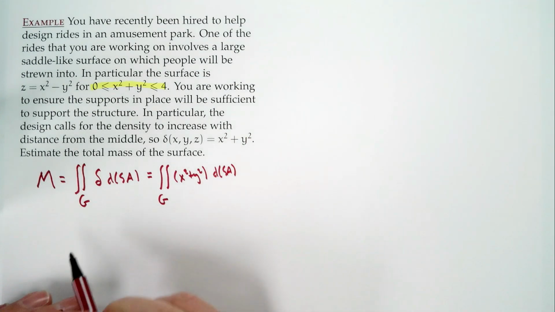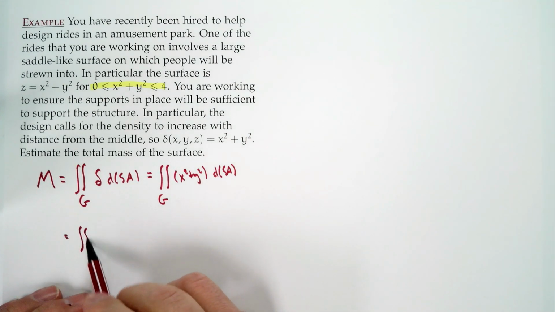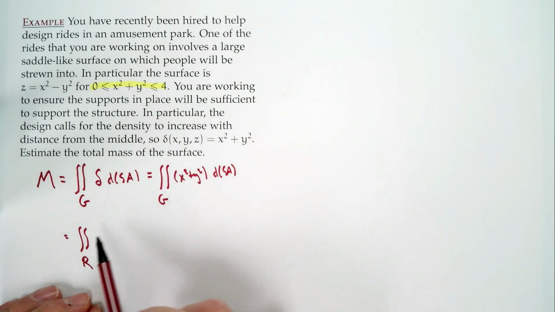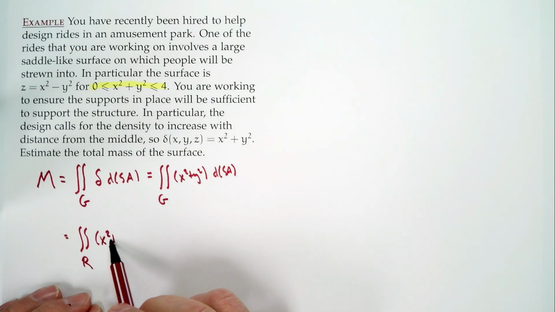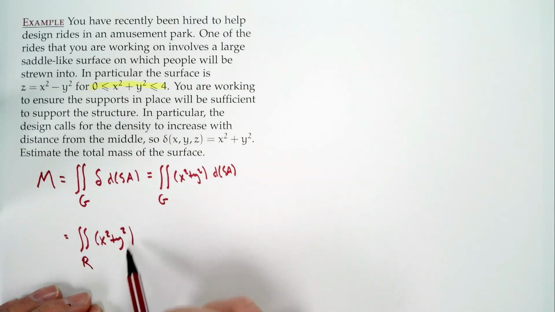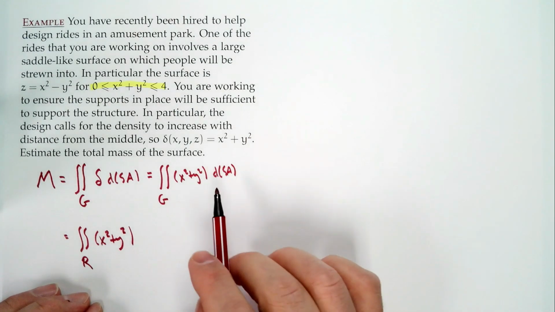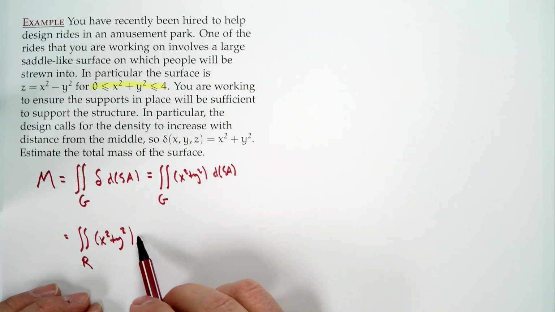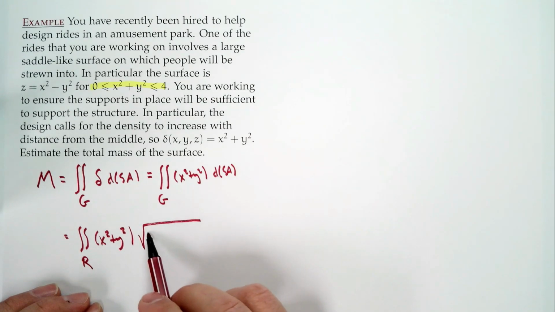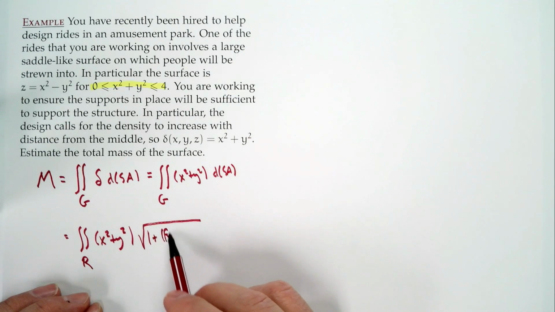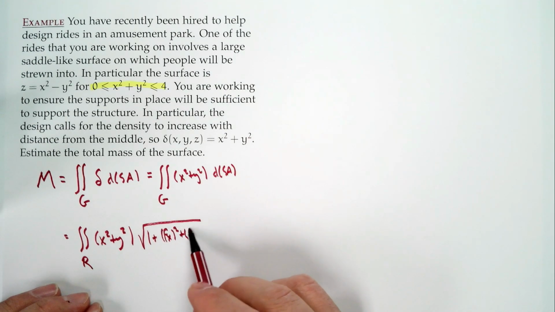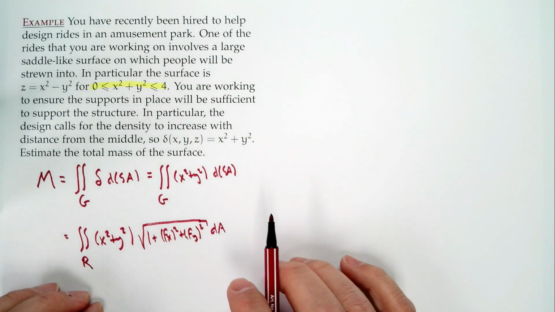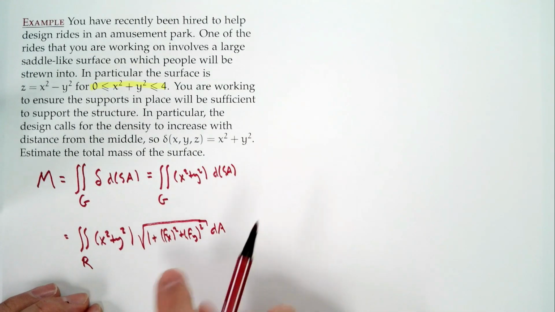So what we need to do is say, okay, this is equal to the integral over our region of, write everything in terms of x and y. The good news is x squared plus y squared is already in terms of x and y. Saved ourselves a bit of work there. Our dS becomes what? Well, it's the square root of 1 plus fx squared plus fy squared dA, where, what is f of x,y?